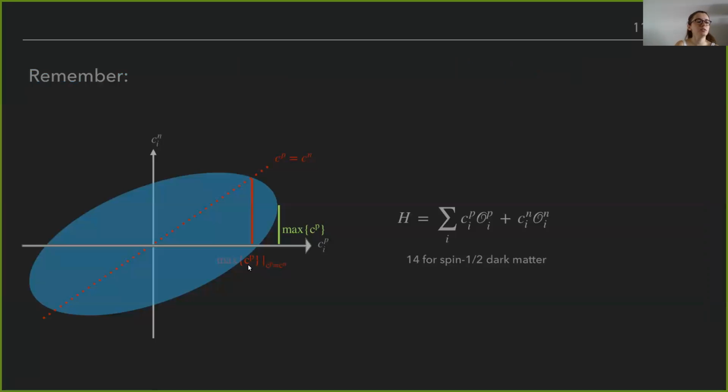Remember that we assume for simplicity that we only have one operator to get this nice ellipse sketch. But actually, the interaction Hamiltonian for spin 1/2 dark matter could contain 14 operators. And taking this into account, the relaxation of the limits could be even more.